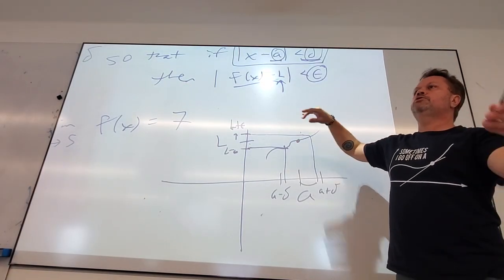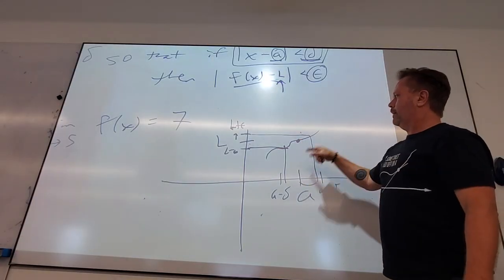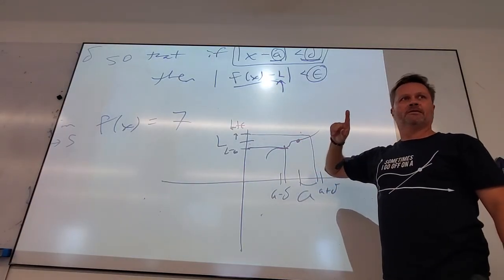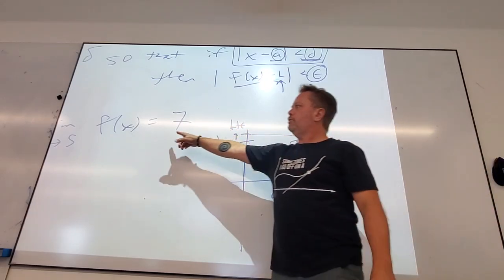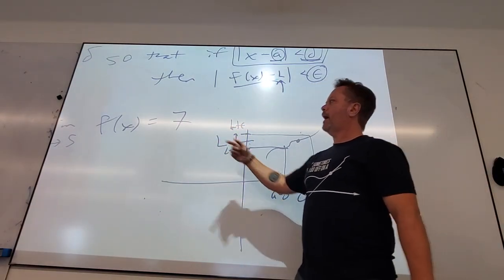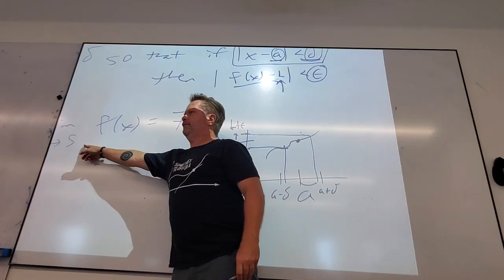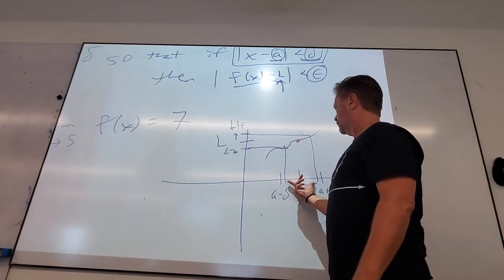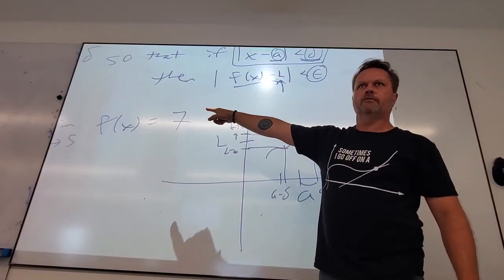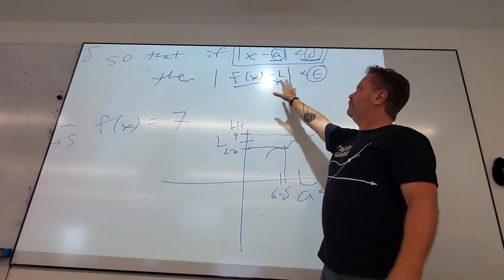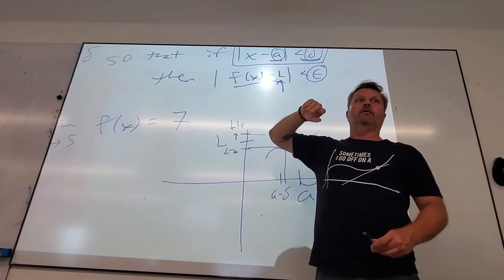If I can't do that, then I've got my limit in the wrong place. And we know this. The way you read this tells you this. As my inputs get close to 5, my outputs better get close to 7, from what I wrote there. This formalizes that big time.